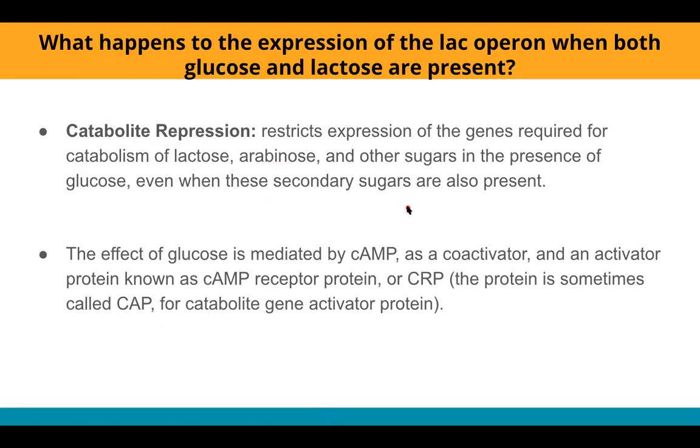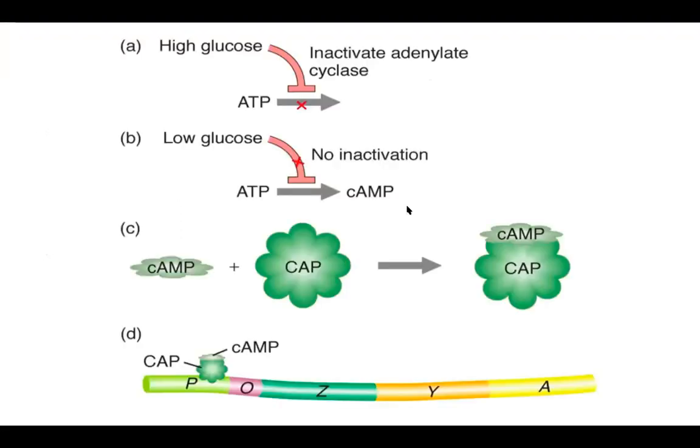The effect of glucose is mediated by cAMP as a co-activator and an activator protein known as cAMP receptor protein, or CRP, also known as CAP. They are just the same. So it activates CRP or CAP, and that CAP activates RNA polymerase.